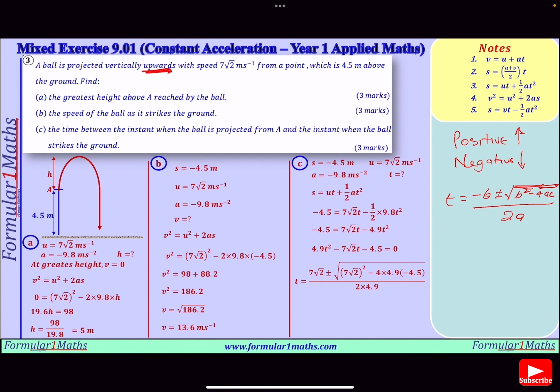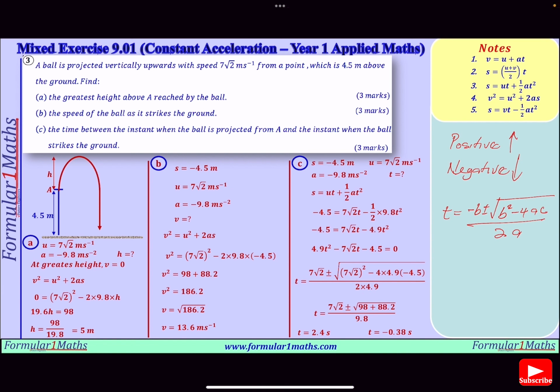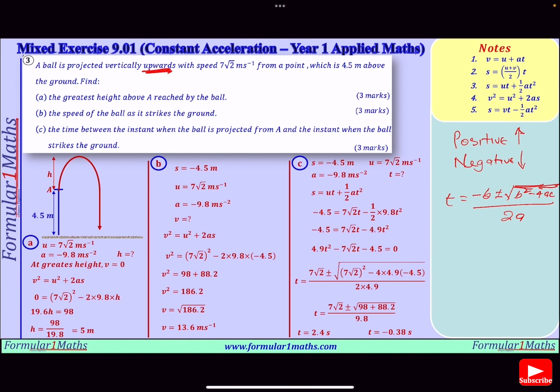So we obtain this equation here. If we simplify this, we get t equals 7 root 2 plus or minus square root of 98 plus 88.2, over 9.8. And then solving will give us two values: t equals 2.4 seconds and minus 0.38 seconds, which is not valid.